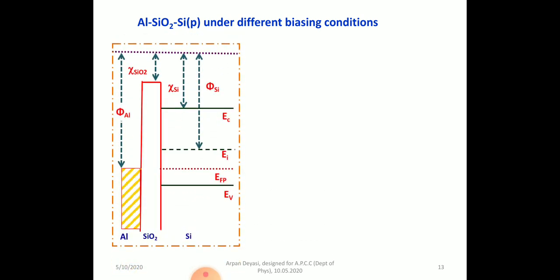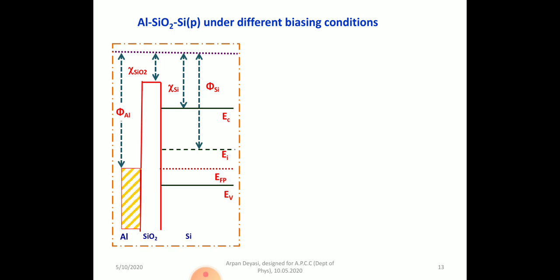Now, the first figure which is shown in the left hand side, it gives you metal, semiconductor and insulator in the middle, sandwiched, with different values of the energy, the chi and phi and everything is given. So that's the composite band diagram we have considered at the unbiased condition. I am showing the same figure.